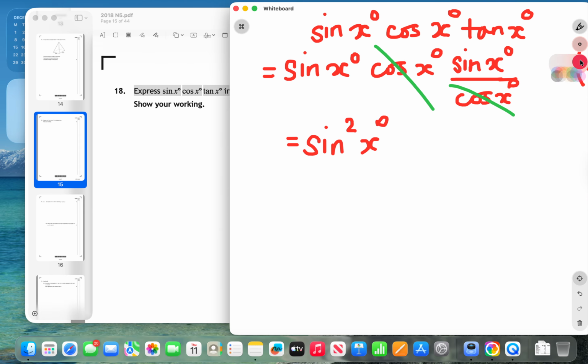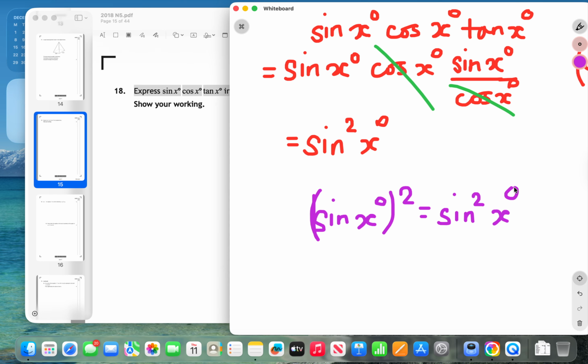I'm going to specify this part really clearly because so many pupils lose points with this. This is sin of x, all squared. It is equal to this, which is what we found to be the answer to the question. So these are the same thing. This is something totally different.